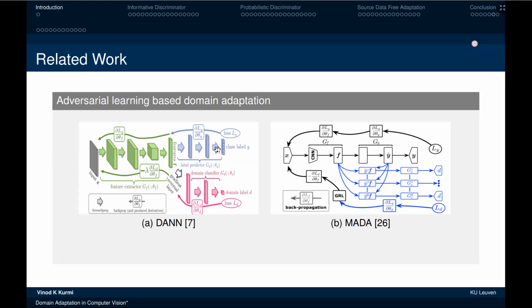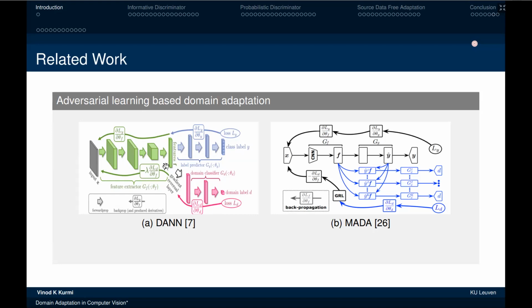The classification loss will update the parameters of the classifier as well as the feature extractor. The feature extractor obtains the features, and the source and target features are both passed to the discriminator, and the discriminator will try to discriminate between these two, source versus target.